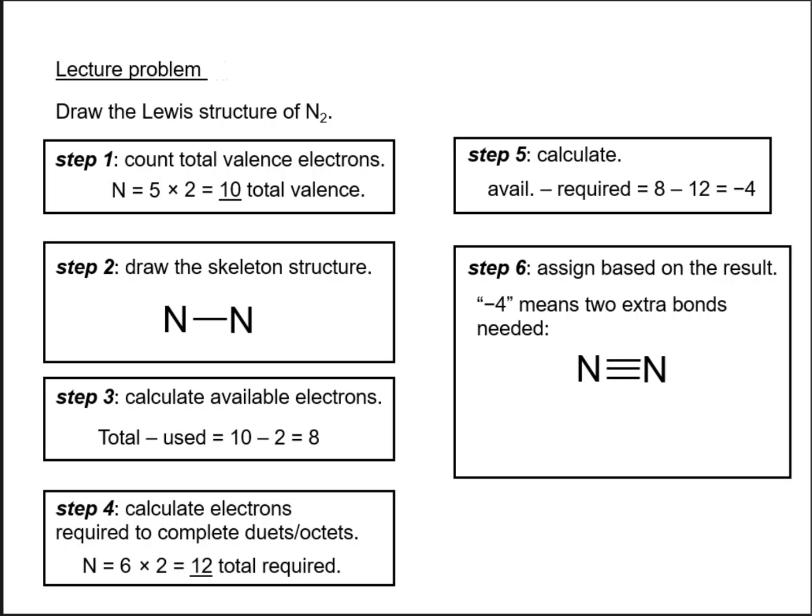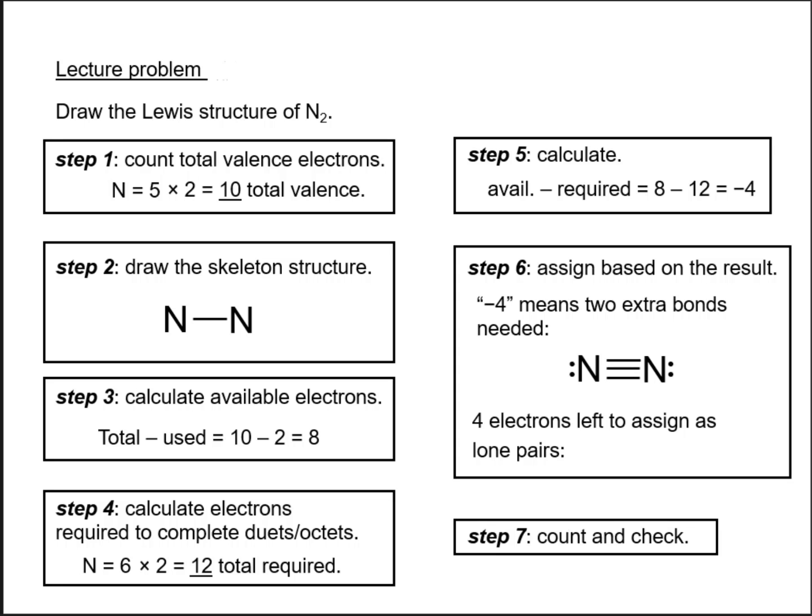So that negative 4 means 2 extra bonds. Now, the nitrogens are still not octet. We still have 4 more electrons to use to make each one of these nitrogens octet. Now, this is our final Lewis structure. Each nitrogen is octet, and we have used only 10 valence electrons total.